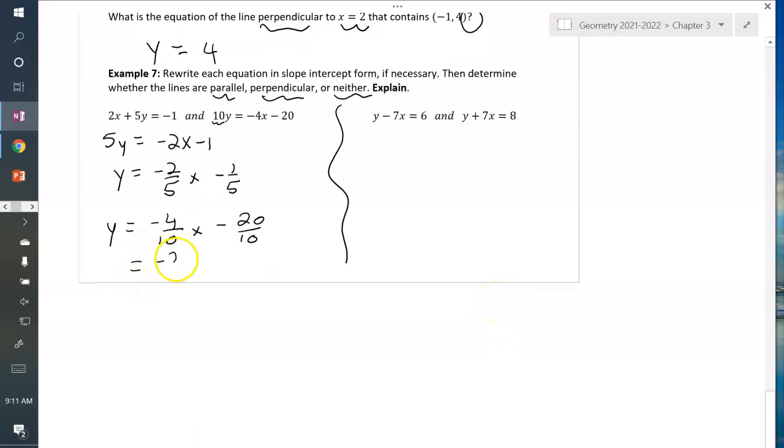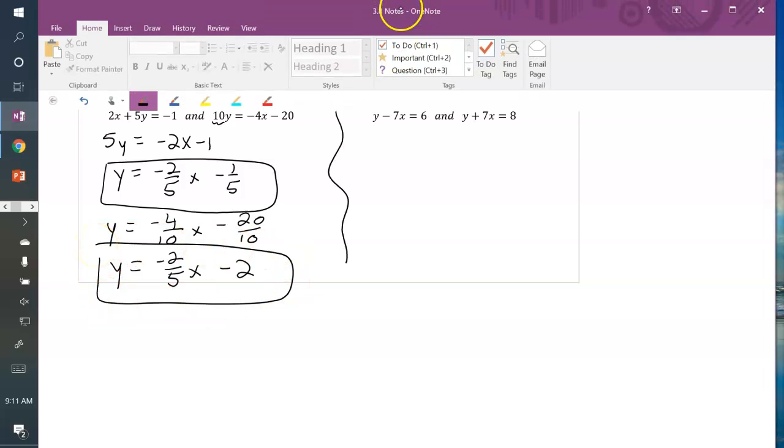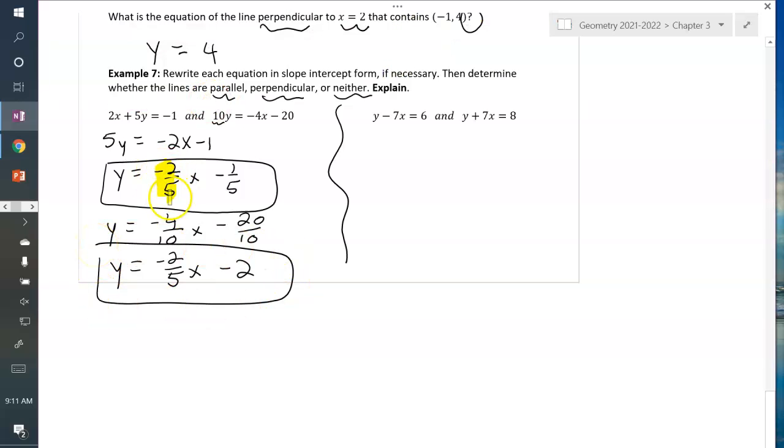I get y equals -2/5 x minus 2. So there's our two equations. Here's the first one. Here's the second one. Now compare the slopes. -2/5 and -2/5. Slopes are the same. So therefore these are parallel.